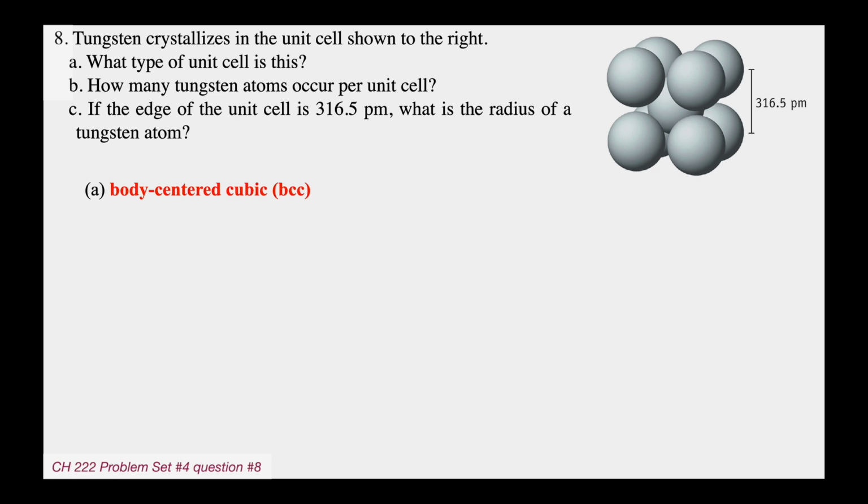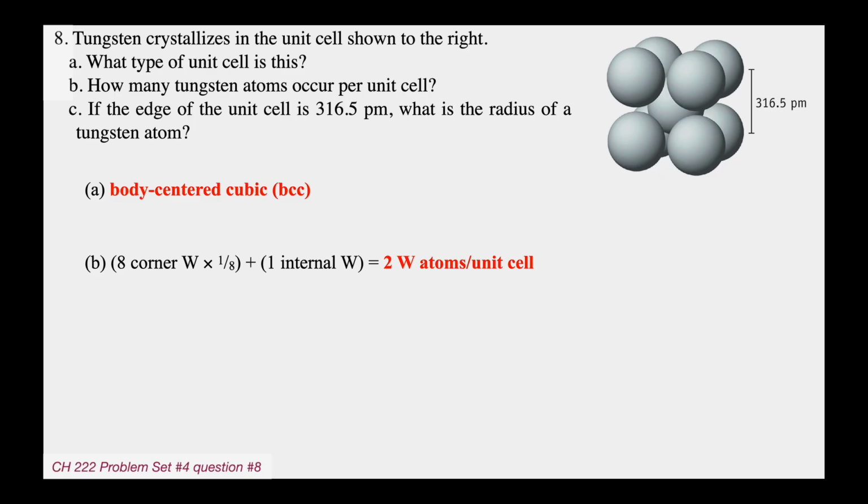And 1/8 times 8 is 1, plus the one atom in the middle, that body-centered atom. So that means there's going to be 2 atoms per BCC cell. It doesn't matter if it's tungsten or any other atom, there's always going to be 2 atoms if it's BCC, if it's body-centered cubic.